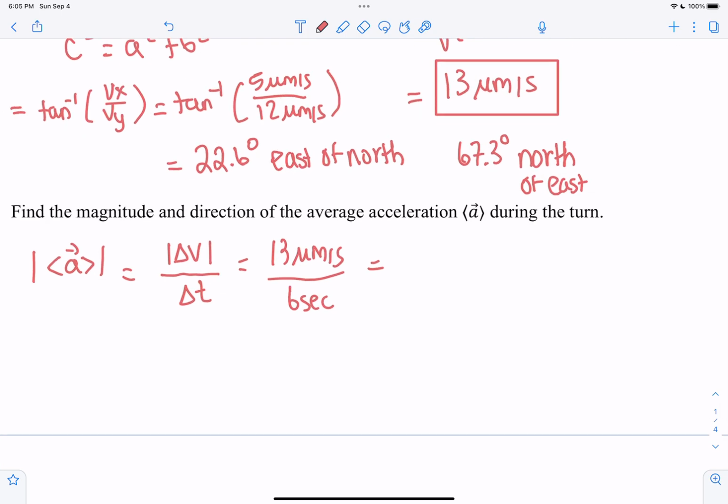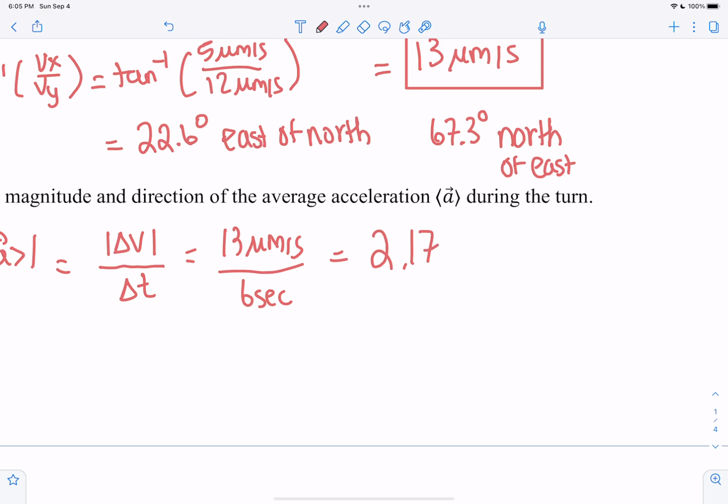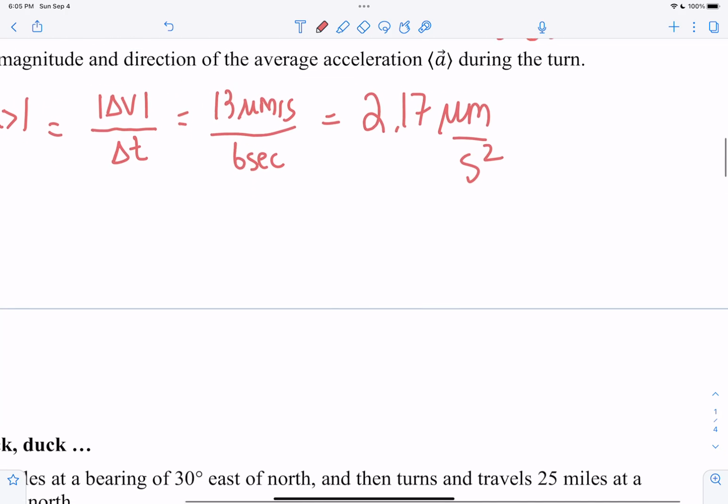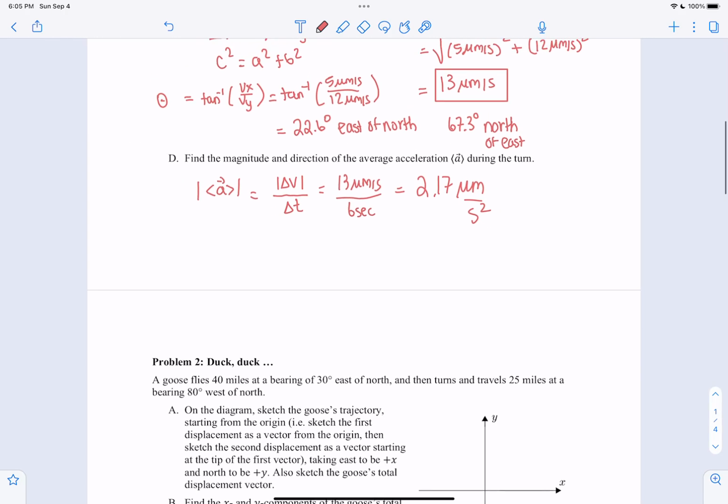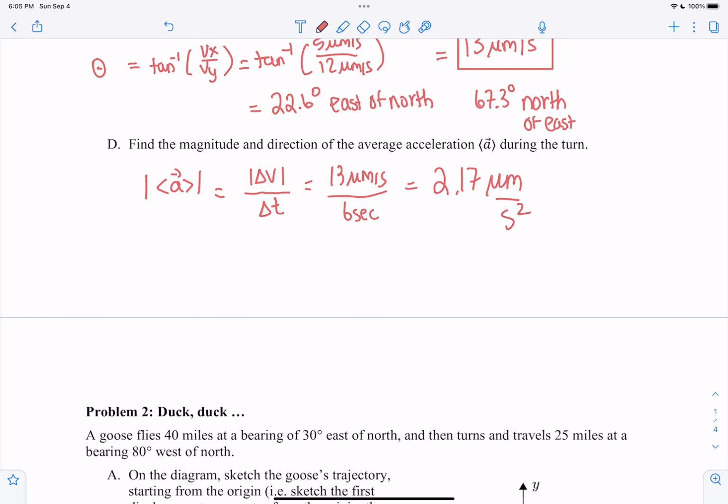Yep, around 2.2. I had around 2.17 micrometers per second squared. 2.2, if you want to round it, go ahead. I personally don't round a bunch, just for the sake of having the most accurate answer. But if you want to round it, because it's 2.17, it's 2.2, so either way, it doesn't really matter.